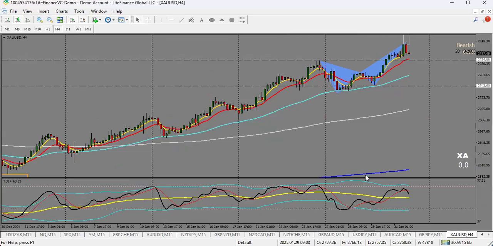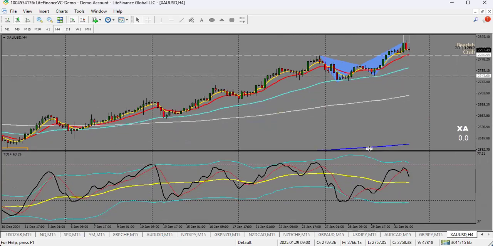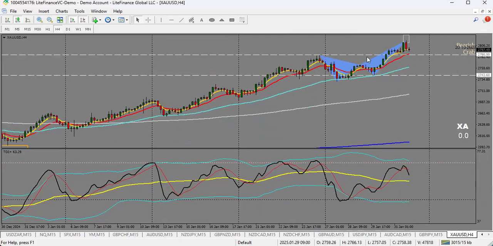So on the four-hour, we have a bearish crab here. It's like a bearish butterfly where there's a new high and it has taken it out, and then we have a liquidity pool area here. We have raided it, so a retracement is imminent.